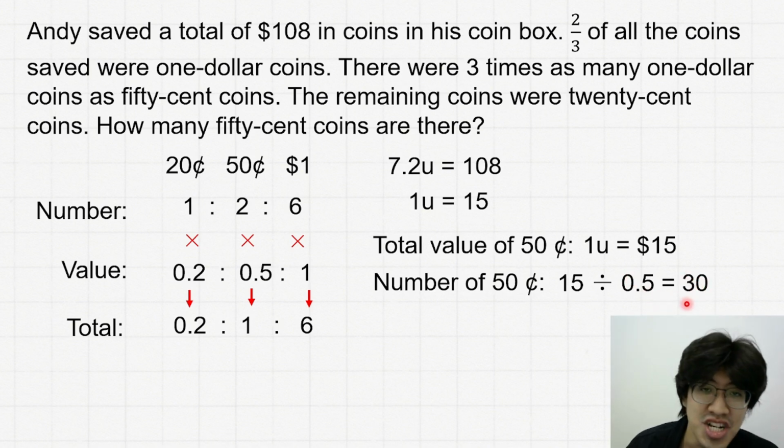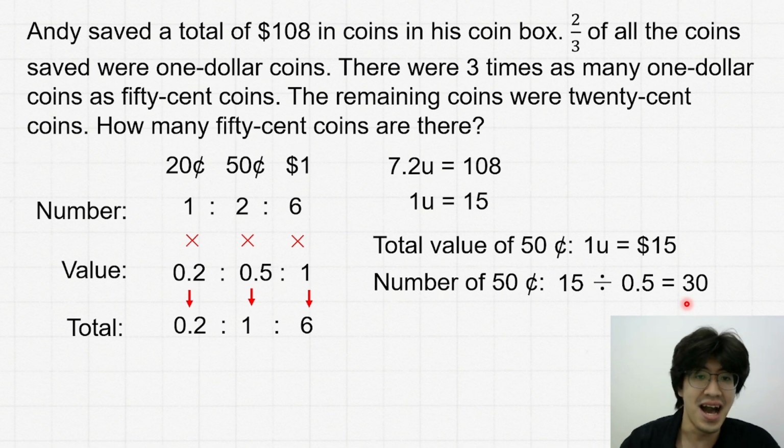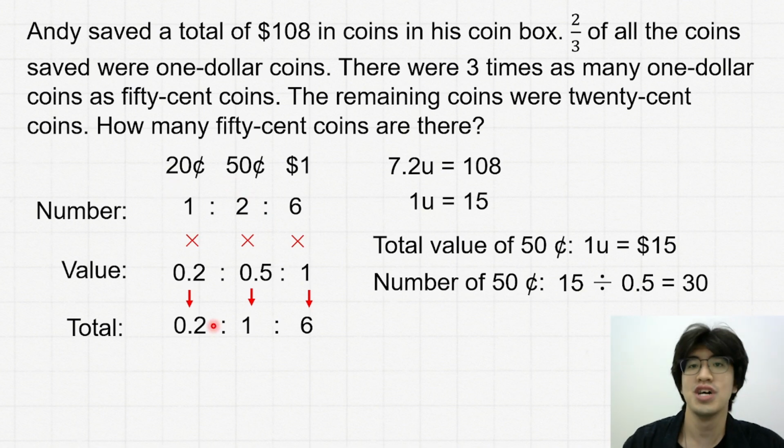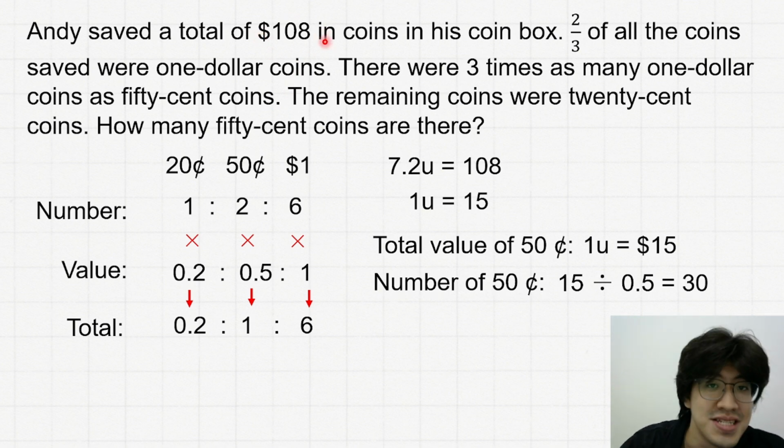So from this question, I found out that there are 30 50-cent coins, and the problem is solved. So again, you can see, even though it seems like a very tricky question, by using the idea of compound ratio, it is actually very simple, especially when the total is already given to us.